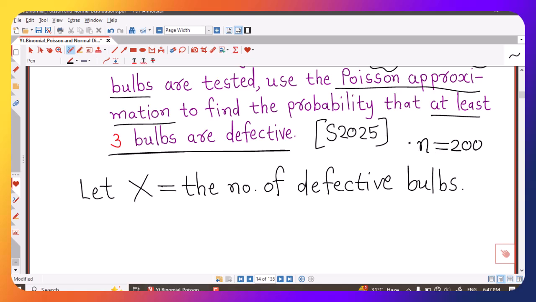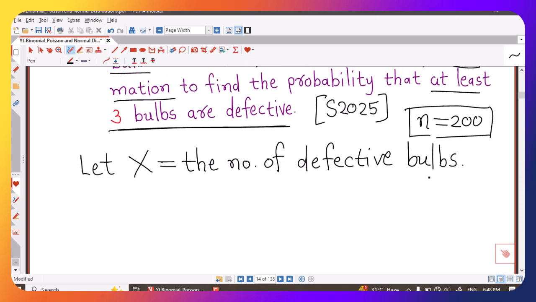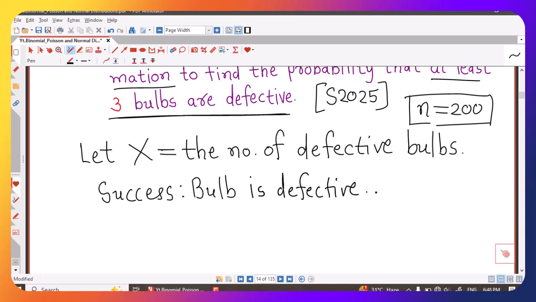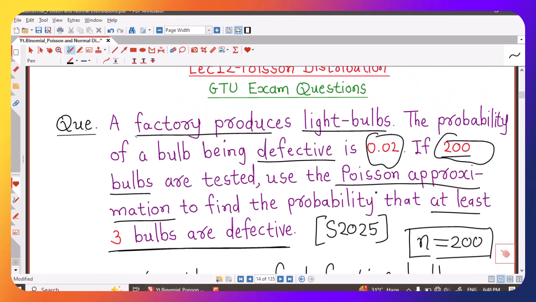They are testing for 200 bulbs, that is number of trials are 200, and for each trial there are two possibilities, either bulb is defective or bulb is not defective. So we define success as the event that bulb is defective, and it is given that probability of a bulb being defective is 0.02.